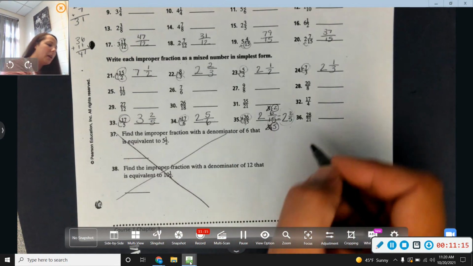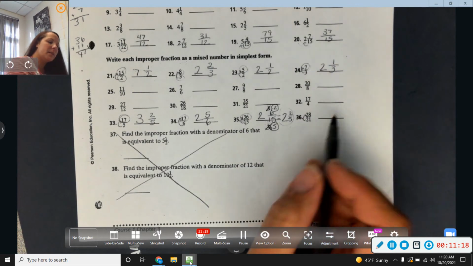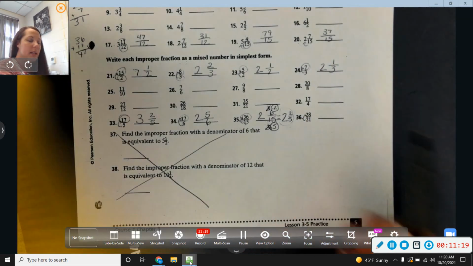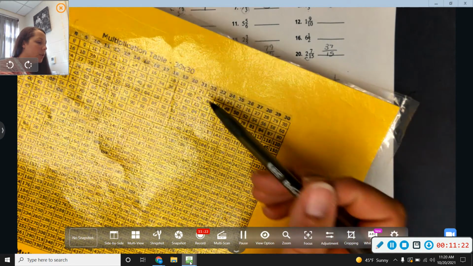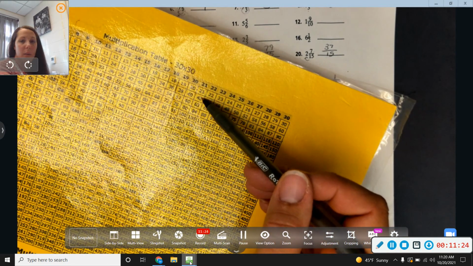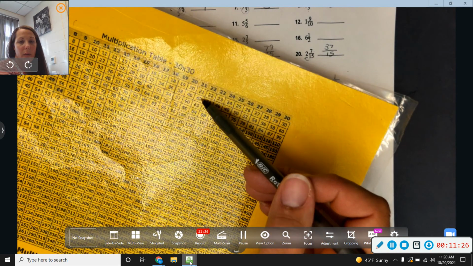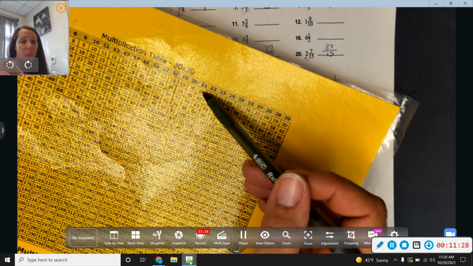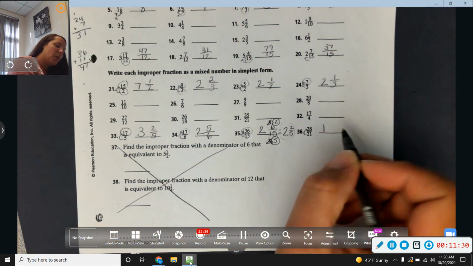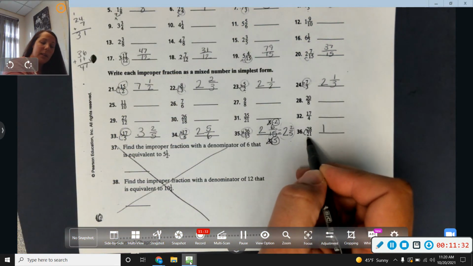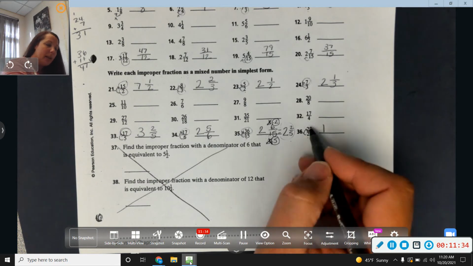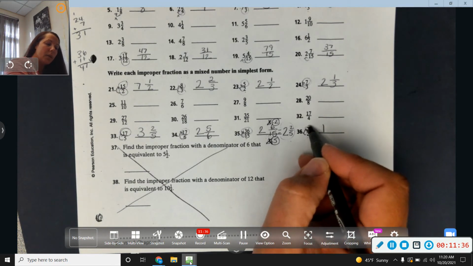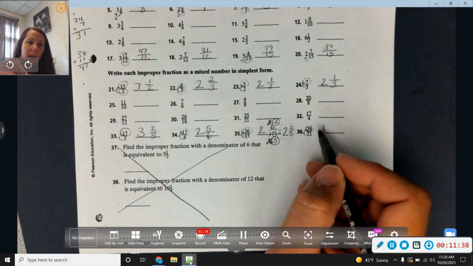Okay? How many 21s go into 28? So if you look down the 21, you have to find the number closest to 28 without going over. So it's just 1 time. 1 times 21 is 21. Okay, if I've used up 21 of these, how many do I have left?